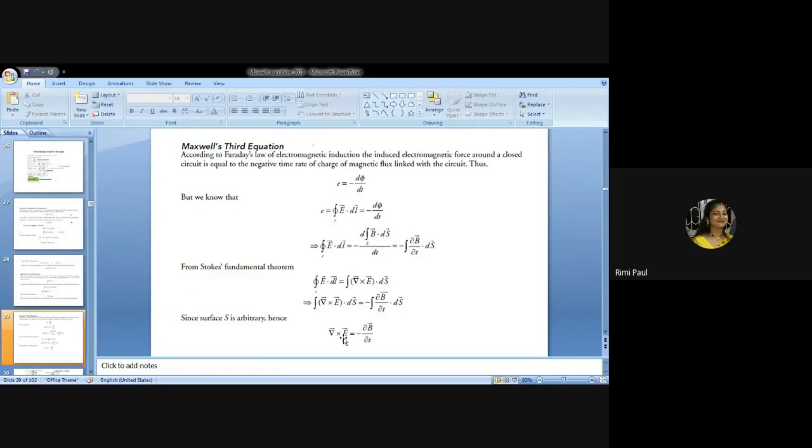Electrostatic corresponds to stationary electric charges, and magnetostatic corresponds to a steady current. These two are related to electric field intensity and electric flux density, and the other case is current, magnetic flux density and magnetic field intensity.